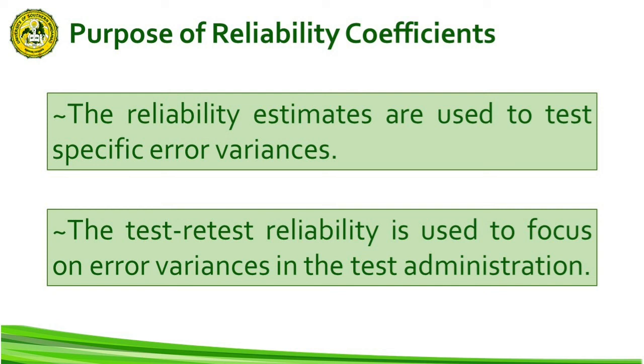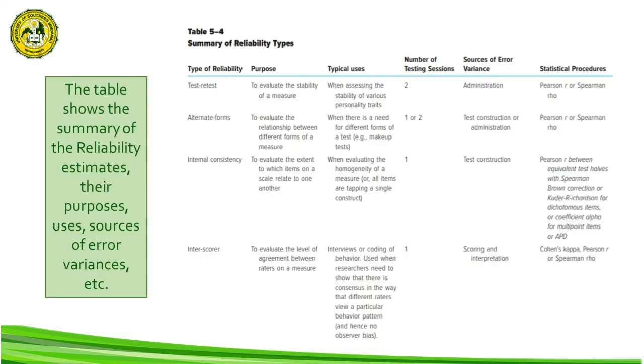So, there are reliability estimates na focusing only on error variance, only one error variance. Meron din na more than one error variance yung gina-test niya or yung target niya kumbaga na ma-examine. Ganon.